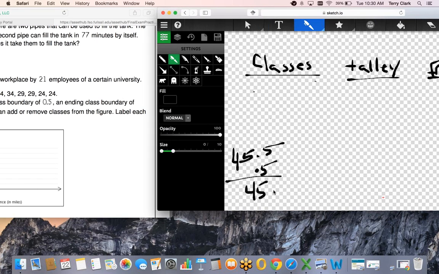I don't know why I was thinking that the width was 5.